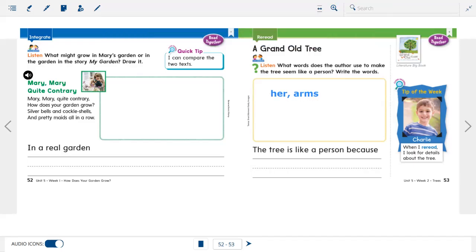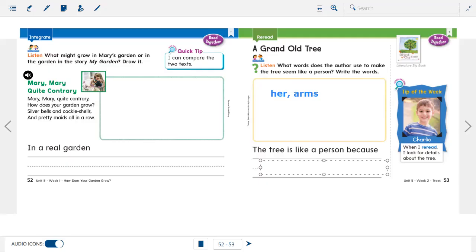Okay, so down here it says the tree is like a person because. So how is the tree like a person? What are the tree's arms? The branches. So it has branches like arms, and the author uses her to tell about the tree.